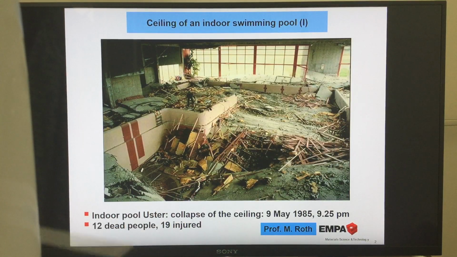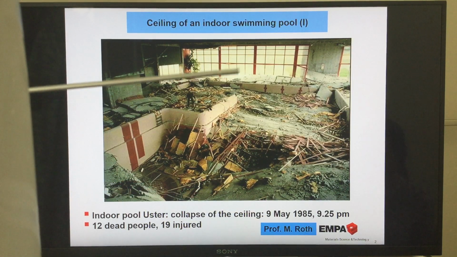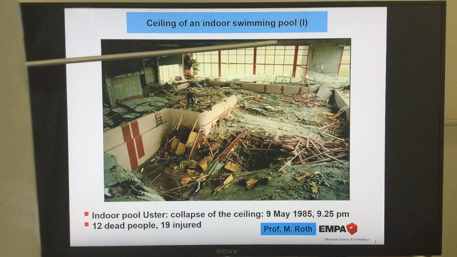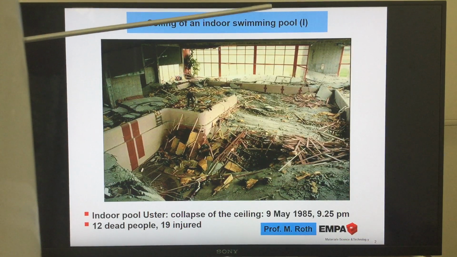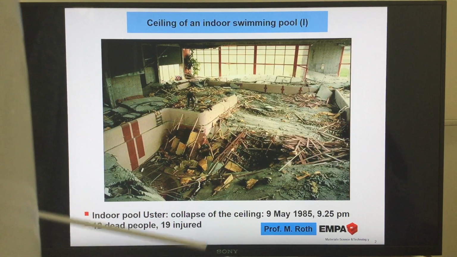This is an indoor pool in Uster, nearby Zurich, which collapsed in 1985. And you see here the whole ceiling, which was underneath the main ceiling, made of concrete, collapsed and fell down.